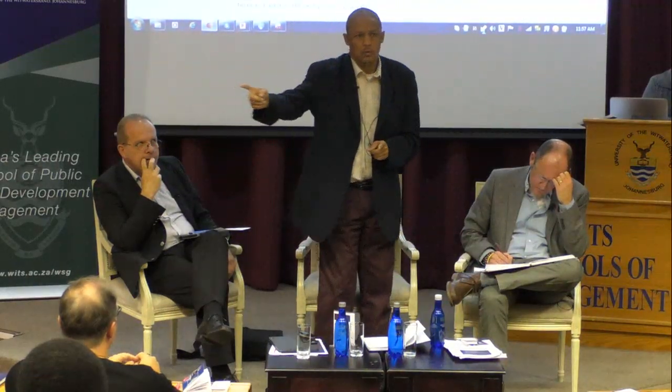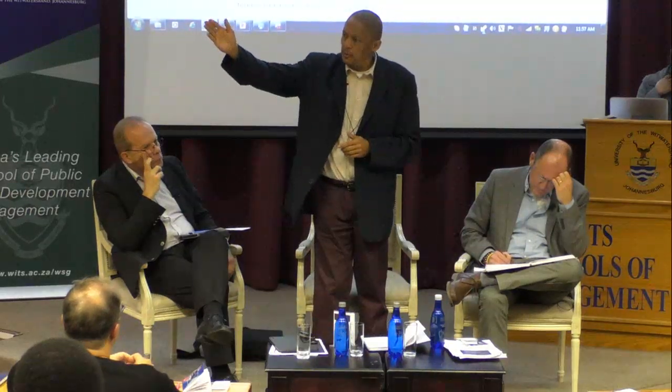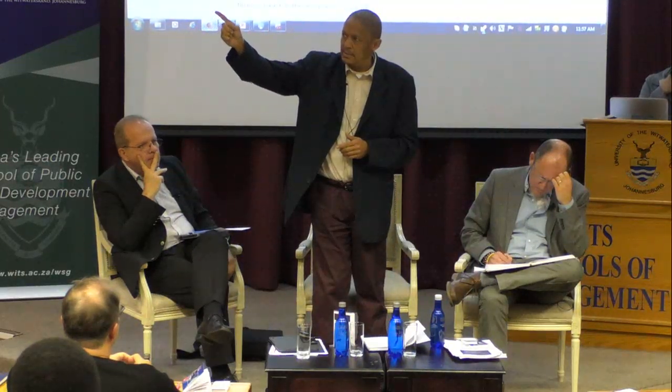And I'm also saying to the AG, you look now at the 10-year analysis audit. Right from the beginning, you could see the regression, up until 10 years. Surely something must tell you, there's something wrong with the system. This system must be redesigned.